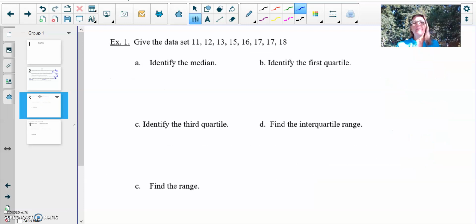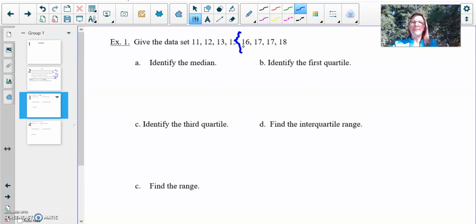Here's an example. Given the data set 11, 12, 13, 15, 16, 17, 17, 18, find the median first. The data set is already in order, so we have to find the middle value. There are 8 data values, and half of 8 is 4, so there are 4 below the median and 4 above.